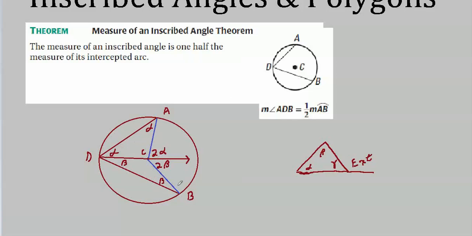So, in the first place, we have that the measure of angle ADB equals alpha plus beta. Well, what's this? ACB.